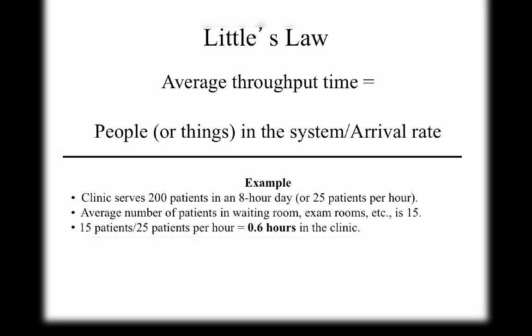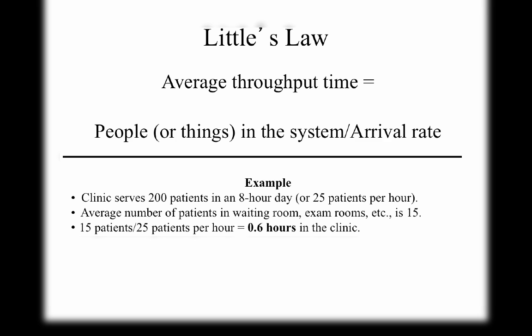So Little's law, the formula again, is the number of people or things in the system divided by the arrival rate. In this example, we have 200 patients in an 8-hour day, so you could say the arrival rate is 25 per hour.